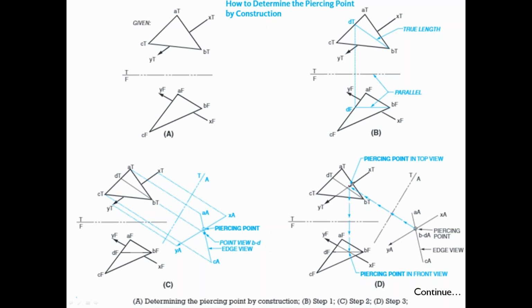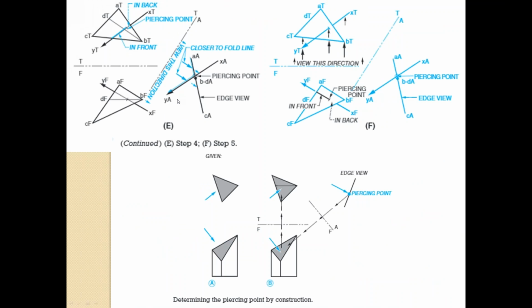Do the same thing, project that down here to get your other piercing point. And then once you get to this piercing point, you're going to leave a gap, and this line is going to go from your piercing point through this object and get this at the front.